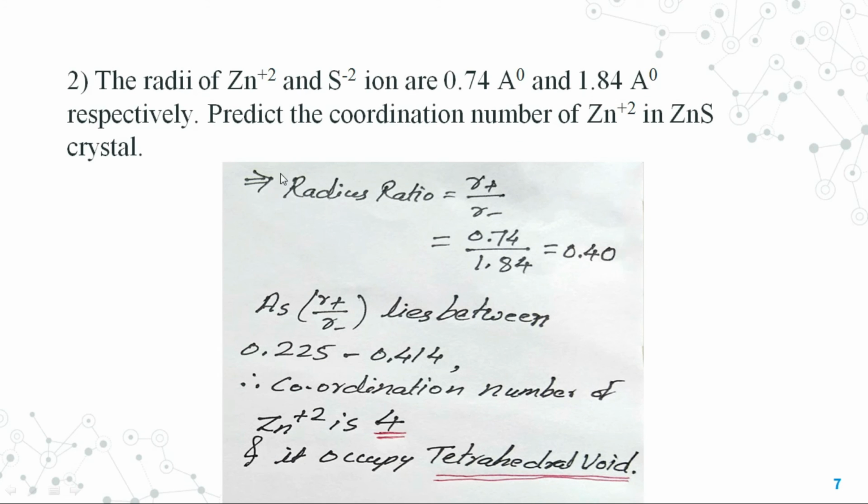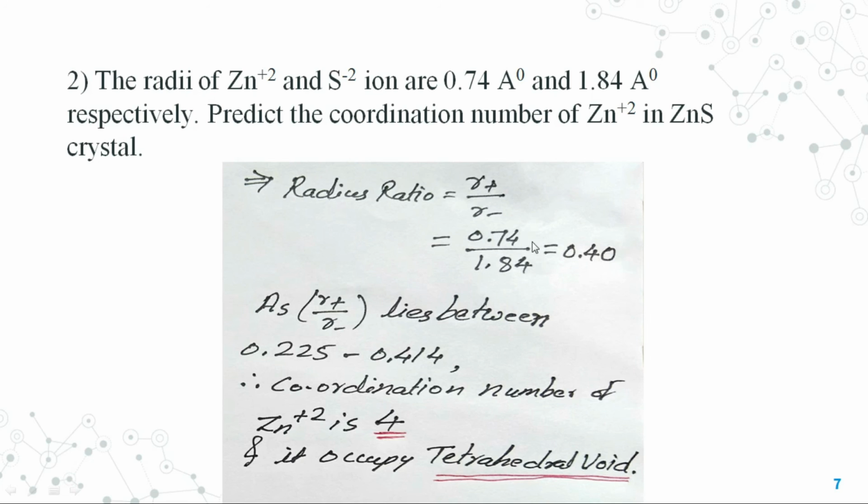The second problem: the radii of Zn2+ ion and S2- ions are 0.74 angstrom and 1.84 angstrom respectively. So predict the coordination number of Zn2+ ion in zinc sulfide crystal. Let us calculate the radius ratio, that is 0.74 upon 1.84.